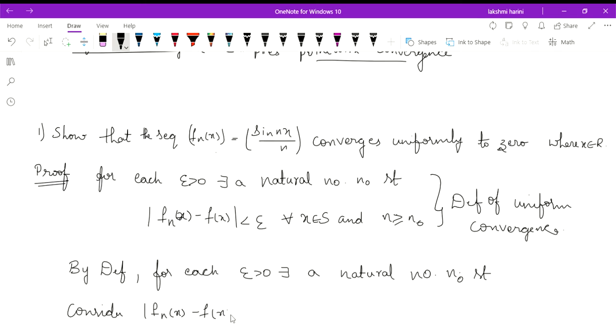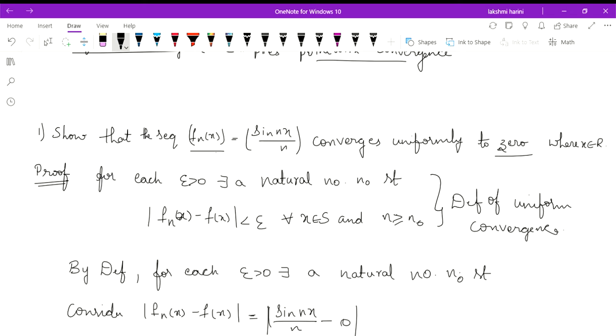Okay, first we have to consider mod fn of x minus f of x, that is equal to mod, what is our fn of x given? Fn of x given is sin nx by n. So we write mod sin nx by n minus, he told that it converges to 0, therefore our f of x is equal to 0. So we write mod sin nx by n minus 0.